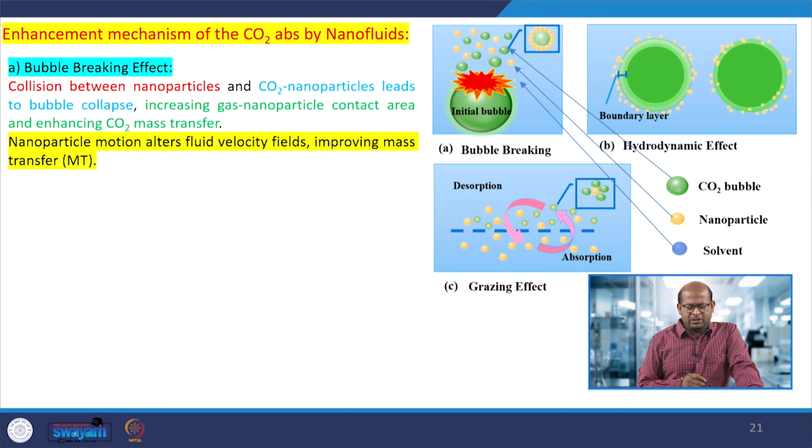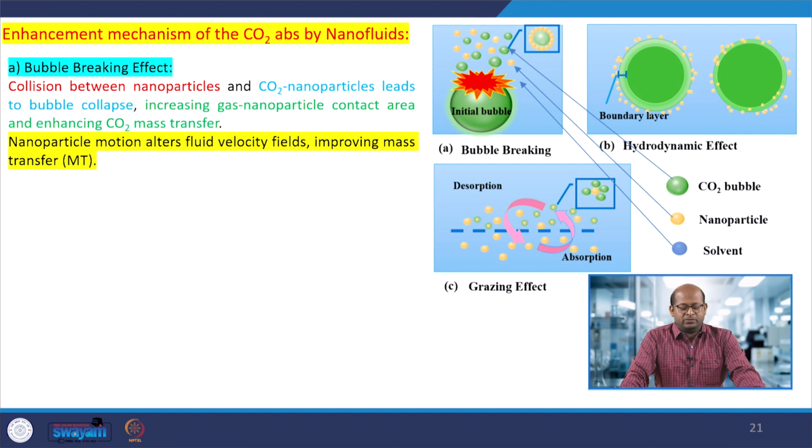Here, CO2 remains in the gas phase, and the nanofluid, with the base fluid and nanomaterials, is in the liquid phase. When the gas and liquid phases come in contact, the high concentration of CO2 in the gas stream comes in contact with the liquid, the base fluid. Due to the concentration difference, or driving force, mass transfer takes place and CO2 will move from the gas to the liquid.